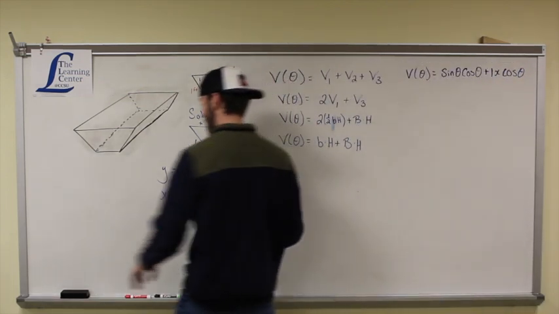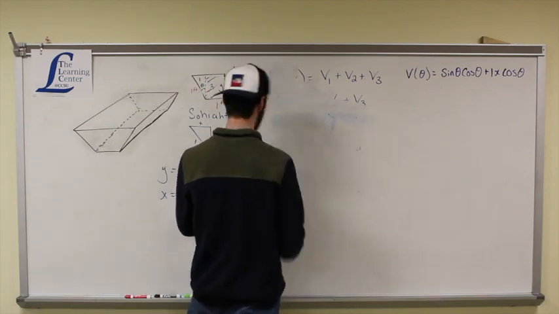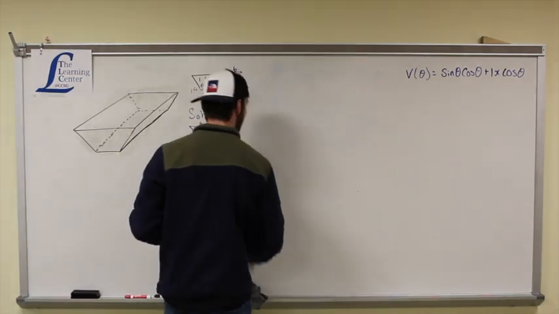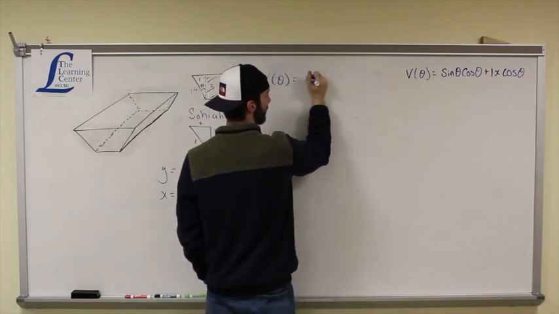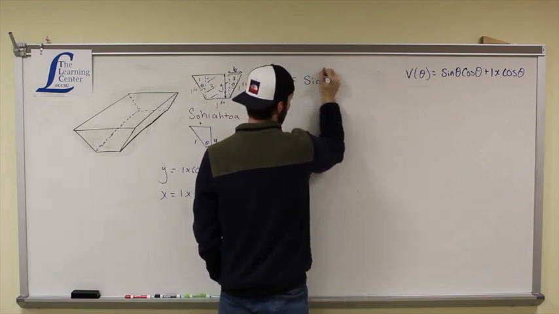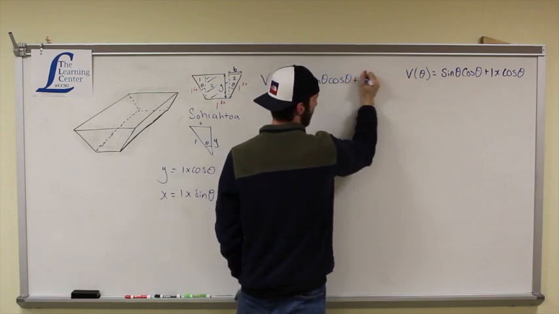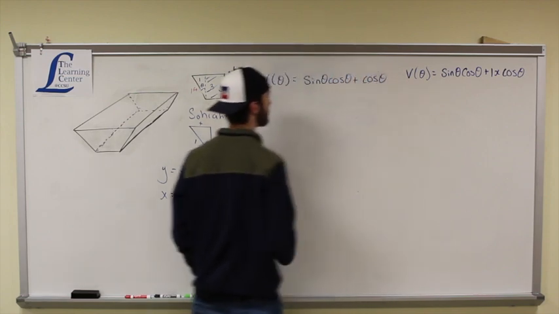Rewriting all this, our volume as a function of theta is equal to sine theta cosine theta plus cosine theta.